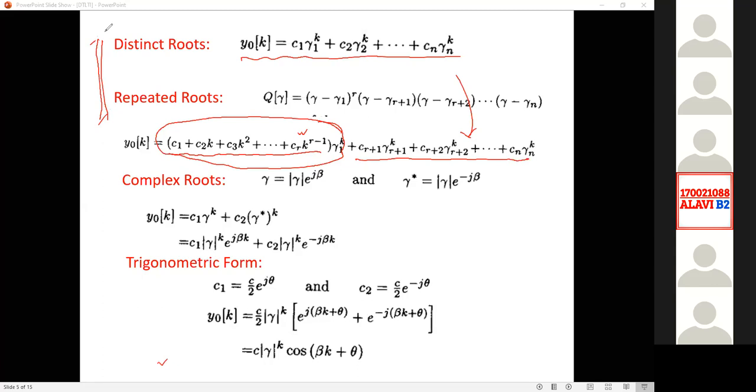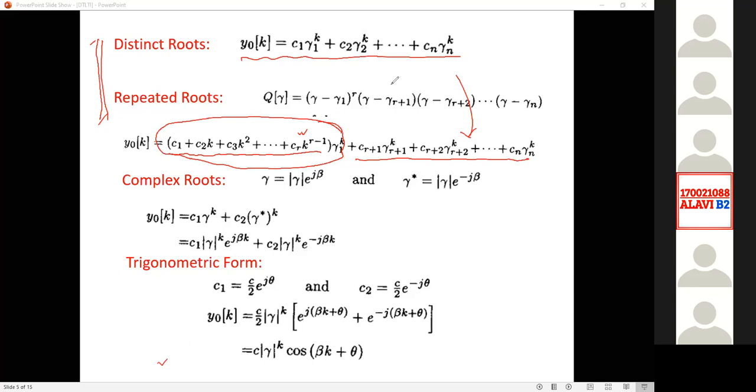But in general, although your roots are distinct, the distinct roots can be real and even they can be complex, isn't it? Your distinct root can be real or complex, but still they are distinct. Yes, sir. This formula is actually a general thing. The distinct and repeated root cases can be used for any general case.